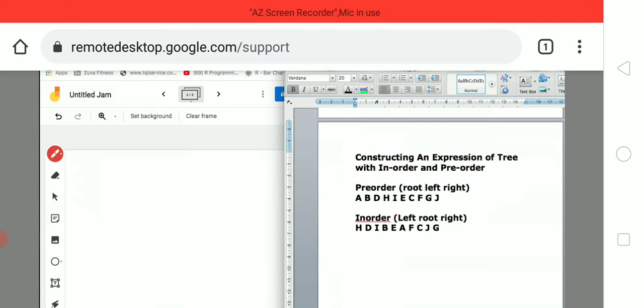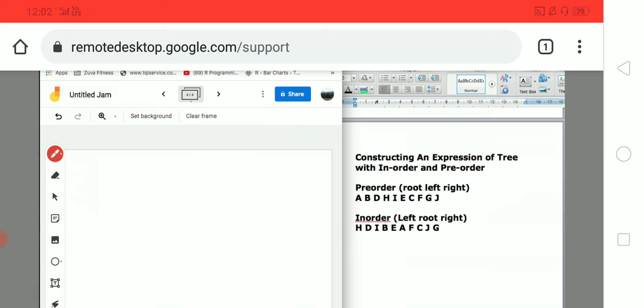Why do I have to create the root from pre-order only? Because here it visits the root first, after that left and right. So by using these two only, we can construct.